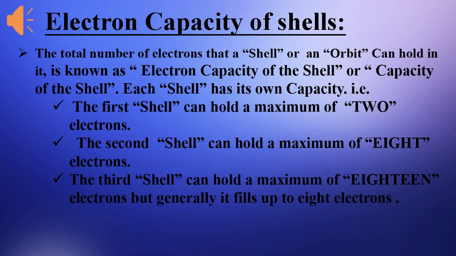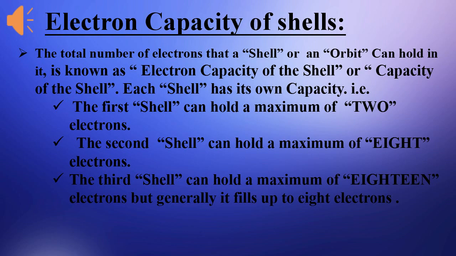Electron capacity of shells. The total number of electrons that a shell or an orbit can hold is known as the electron capacity of the shell, or capacity of the shell. Each shell has its own capacity.